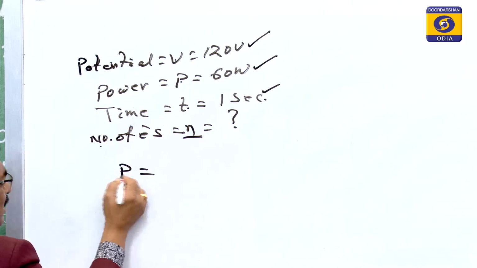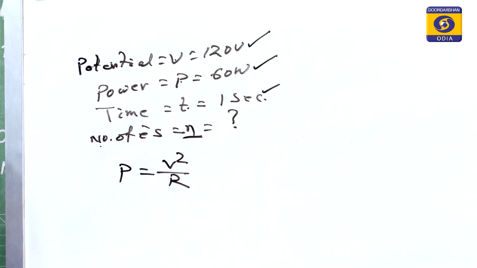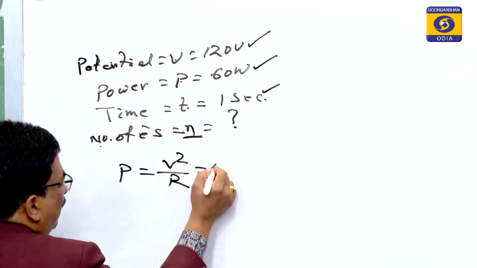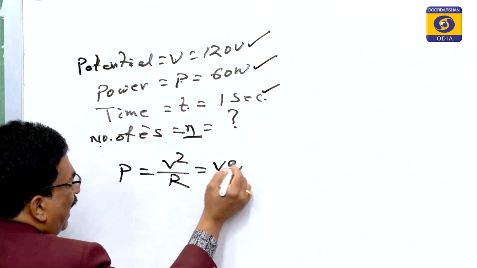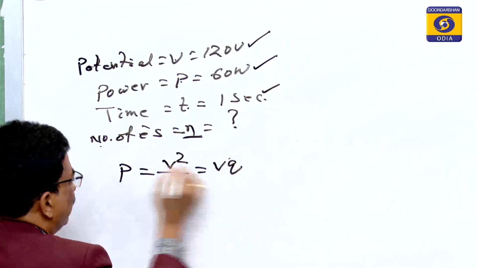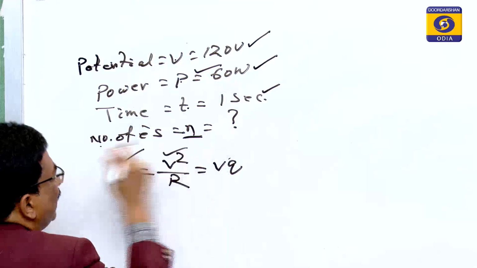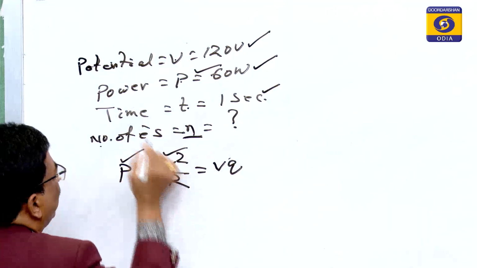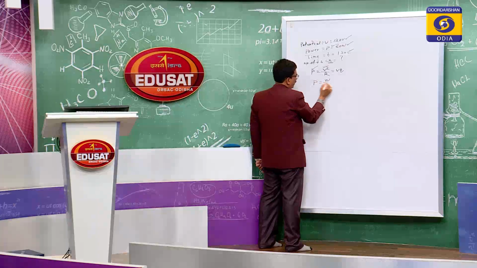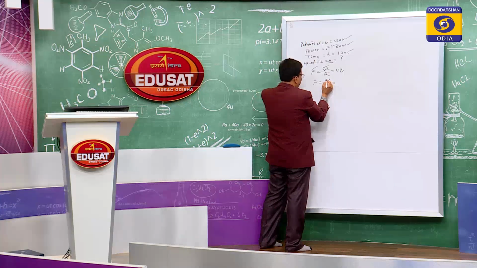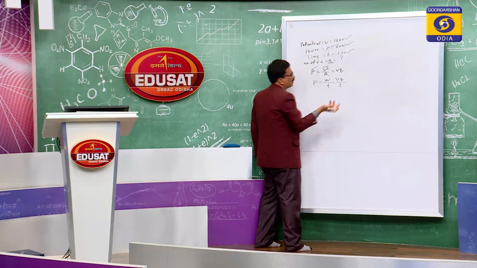We know P equals V square by R, or P equals VQ by T. Fundamentally P is W by T, and W equals VQ. So P equals VQ by T. If power is supplied and potential V is there, the resistance is not required, but the time T is needed.